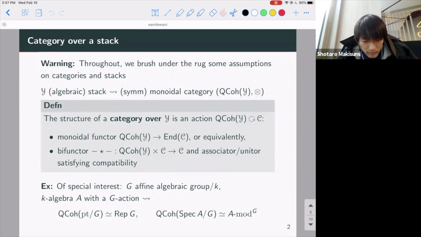Of special interest are categories over a stack of the form point mod G, so BG, or Spec A mod G. I'll say a bit more about what quasi-coherent sheaf on a stack means in a little bit. But in this case, you have Rep G, or G-equivariant A-modules, as the category of quasi-coherent sheaves. And I'm trying to define an action of these monoidal categories.